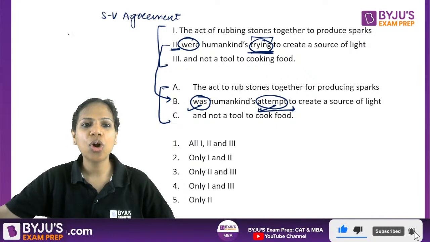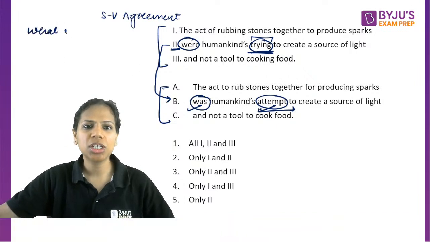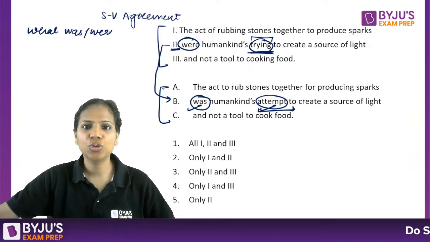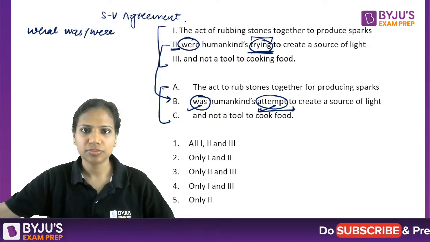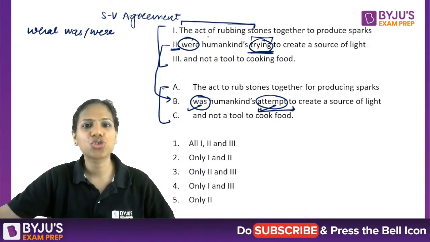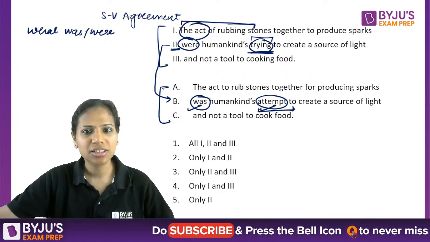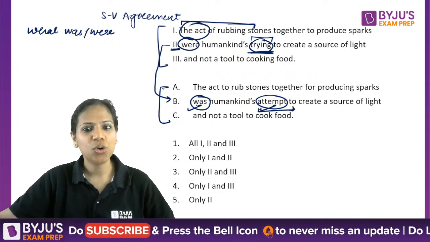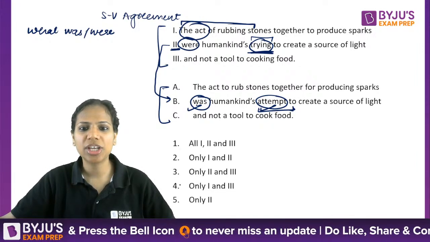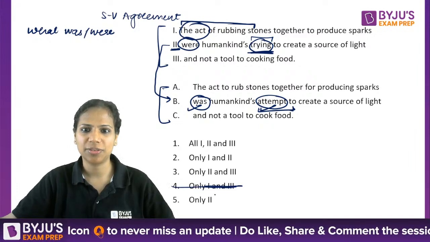So what was or were humankind's attempt? The act of rubbing stones together. The act is singular, so it should be was. Okay, 2 is definitely erroneous. 2 definitely requires a correction.